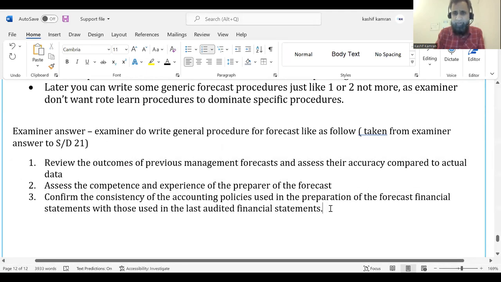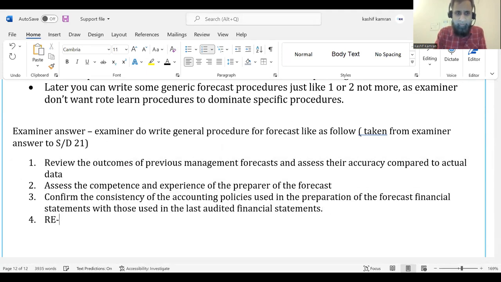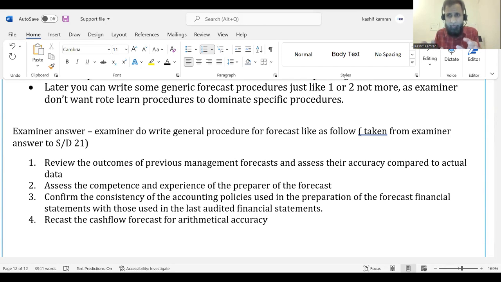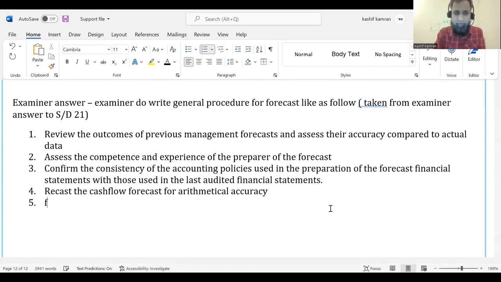Look at the fourth one. What was the fourth one from the examiner answer? Recast the cash flow forecast for arithmetical accuracy. That was the first one I've shown you, right? Now, out of 9 procedures, if I write 4 procedures on the screen, and then I go to number 5, and I write the 5th procedure from the case, the 6th procedure from the case, the 7th from the case, the 8th from the case, the 9th from the case.